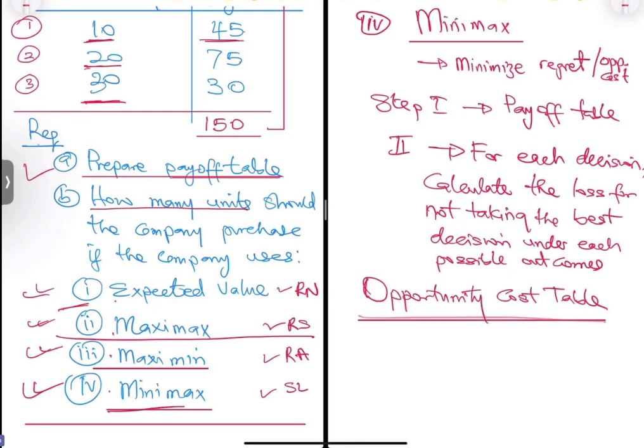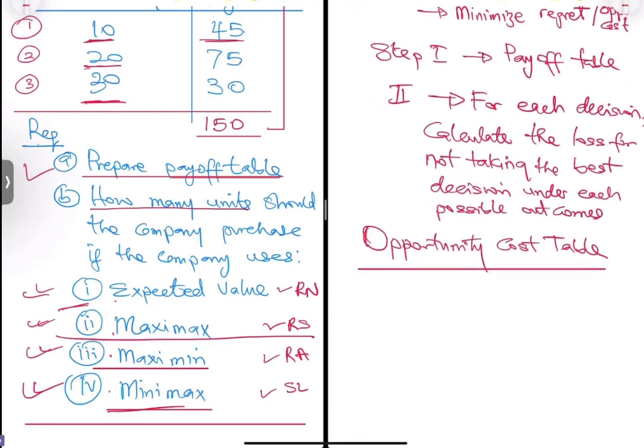That's what we want to create now. So for each decision, buy 10 or buy 20 or buy 30, what is our regret under each condition? What is our regret? That is what we want to do.